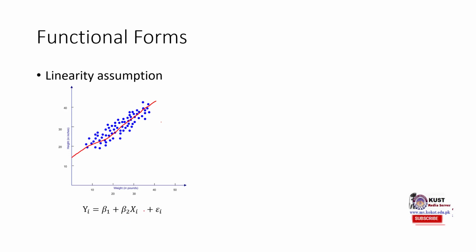So we would have a linear model, and if you remember, we had a linear assumption, the first assumption, where we discussed that the OLS technique requires that the parameters should be linear. Variables can or cannot be linear, it wouldn't matter, but the parameters should be linear.